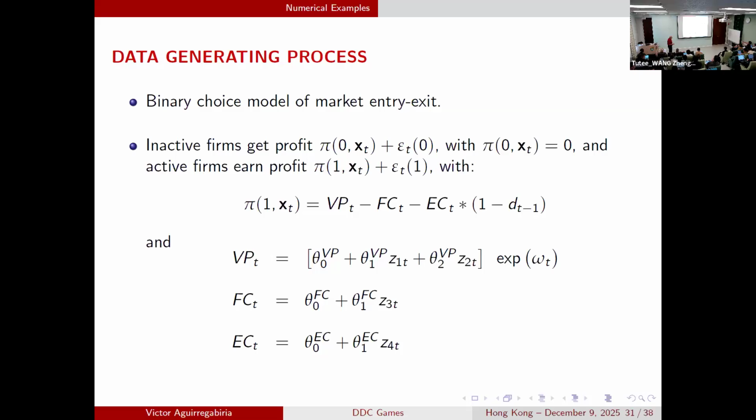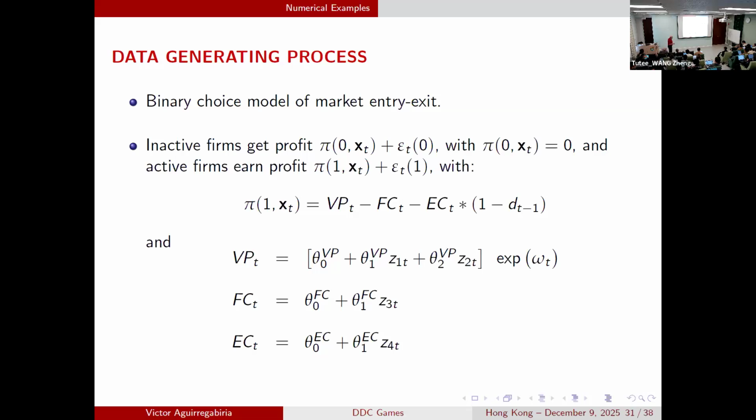All these C's and this omega are exogenous state variables. Then there is an exogenous state variable that affects the entry cost, and another one that affects that. In total we have 5 exogenous state variables, the 4 C's and the omega. And in addition, we have the endogenous state variable that can take two values, 0 or 1.